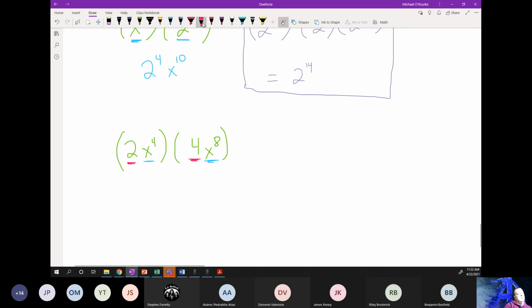Okay, so that's going to equal, so 2 times 4 are going to go together, and x to the 4 times x to the 8 are going to go together, which is going to equal x to the 12. So the answer there is going to be 8x to the 12.